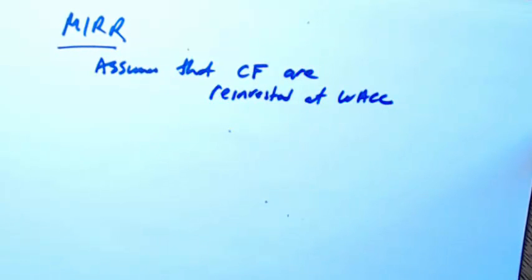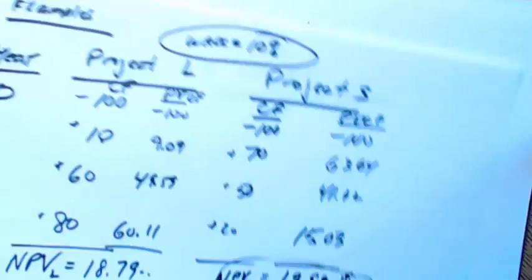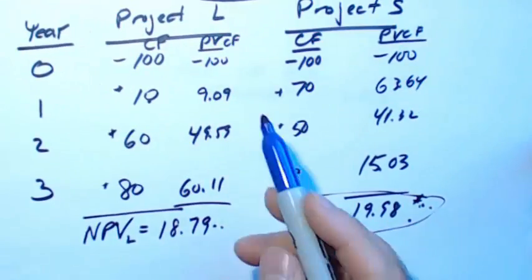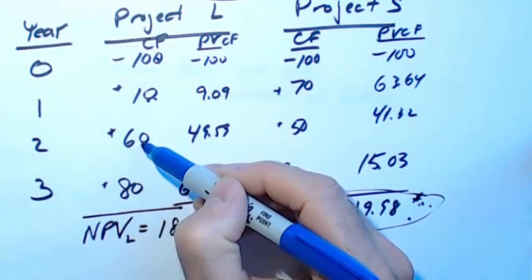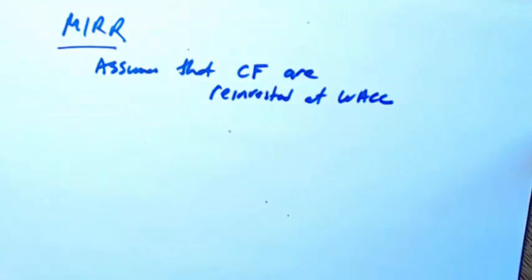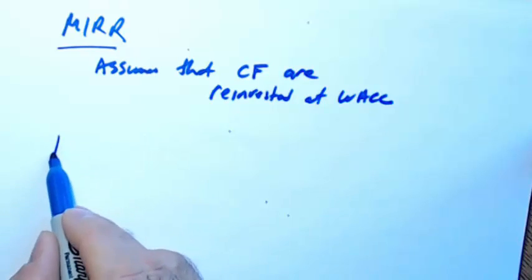Let's see. What am I talking about? What are these terminal values? Well, let's use project L as an example. So recall project L, where we start at the very beginning, cash flow negative 100, 10, 60, and 80. Okay, so let's map that out.